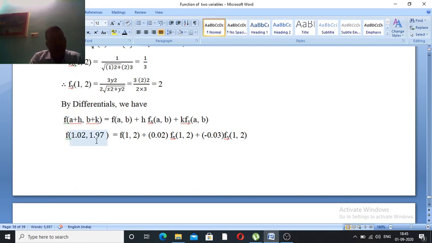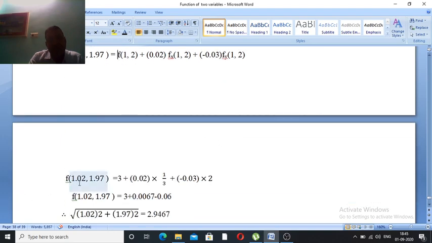f(1.02, 1.97) is equal to f(1,2) plus 0.02 f_x(1,2) plus minus 0.03 f_y(1,2). So f(1.02, 1.97) is equal to f(1,2) which is 3, plus 0.02 times f_x(1,2) which is 1 by 3, plus minus 0.03 times f_y(1,2) which is 2.